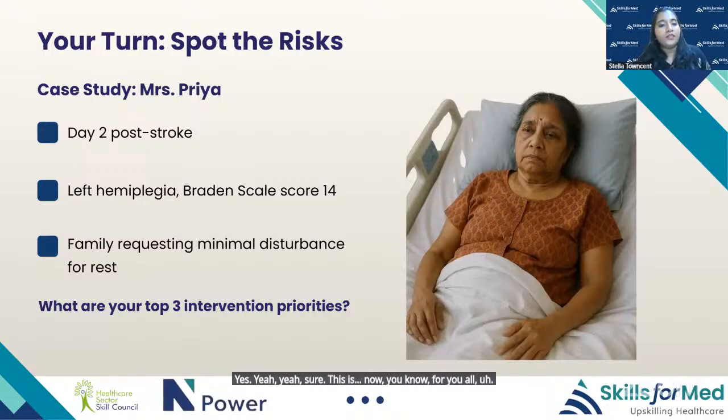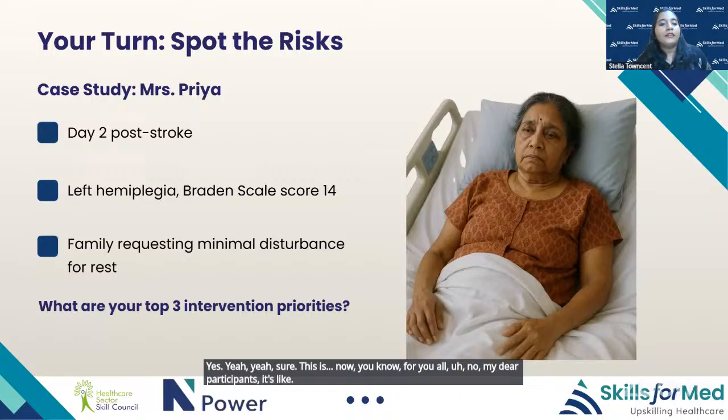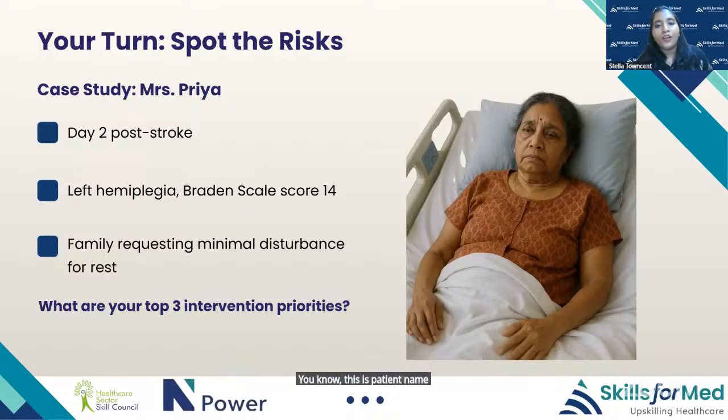This is now for you all, my dear participants. This is patient name, Mrs. Priya. Okay, you have to spot the risk. Day 2 post stroke patient, left hemiplegia and the Braden scale score is 14. Family requesting minimal disturbance for rest. These are the three important things about the patient. So what are your top 3 intervention priorities?